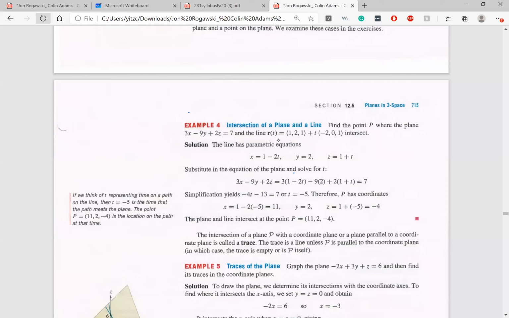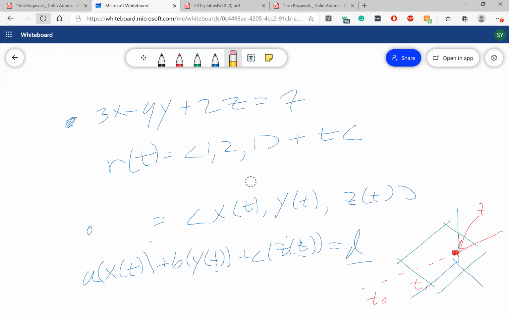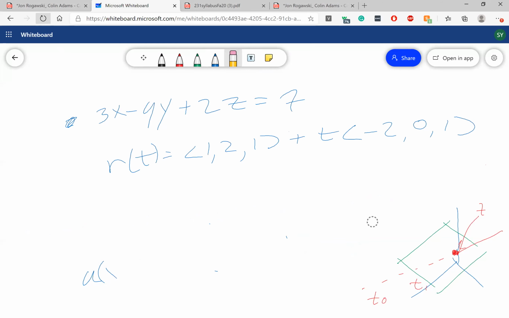And r of t is 1, 2, 1 plus t times v, where v is -2, 0, 1.